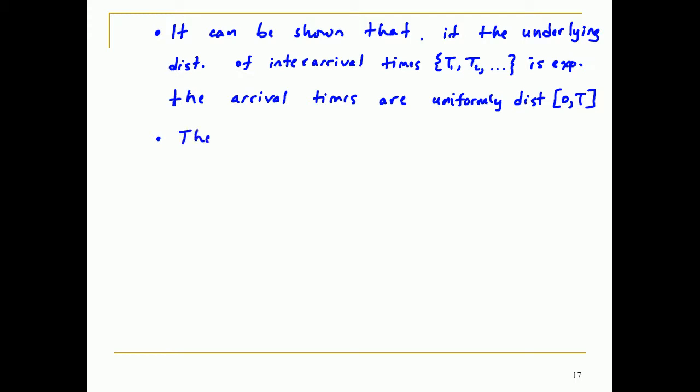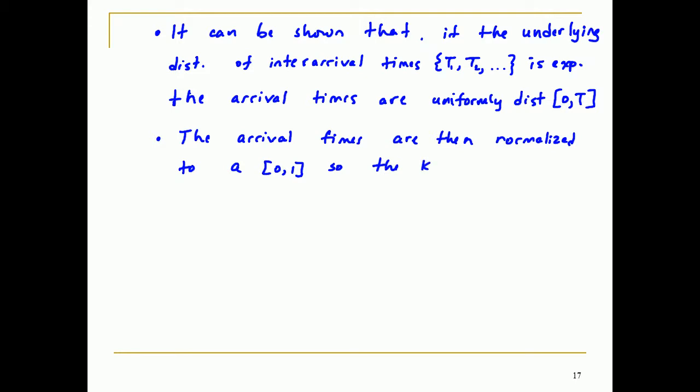So the arrival times are then normalized to a 0-1, so the KS test can be applied. Okay, so let me show you how to solve this problem.